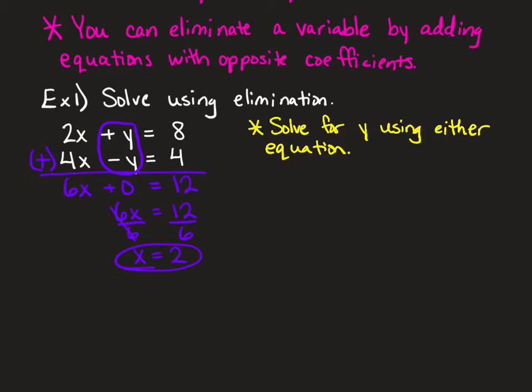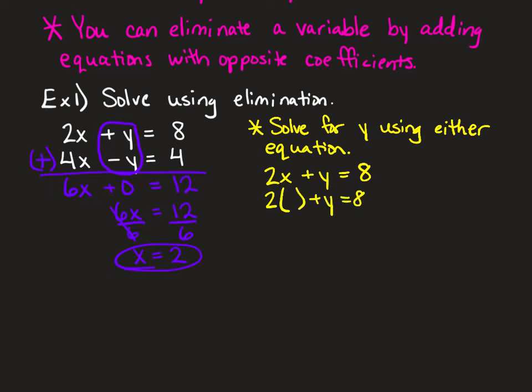Now, just like when I solved using substitution, once I found the first variable, we can just find the other variable by plugging into either equation. So I'm going to pick the first equation. I just plug in 2 in place of x.